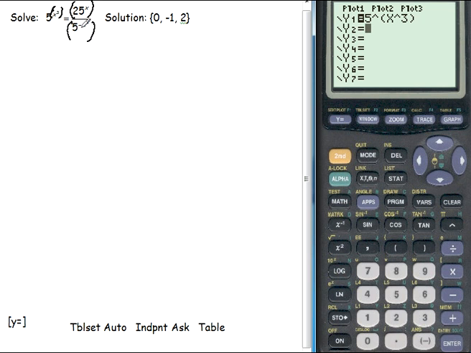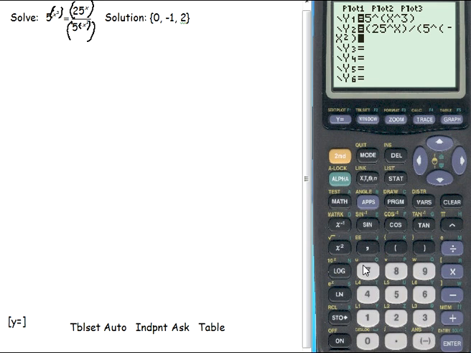In the denominator, we'd also like to put a parentheses around that power, which is the negative x squared. And so we're going to enter open parentheses 25 raised to the x, close parentheses, divided by, open parentheses, 5 raised to the, open parentheses, negative x squared, close parentheses.